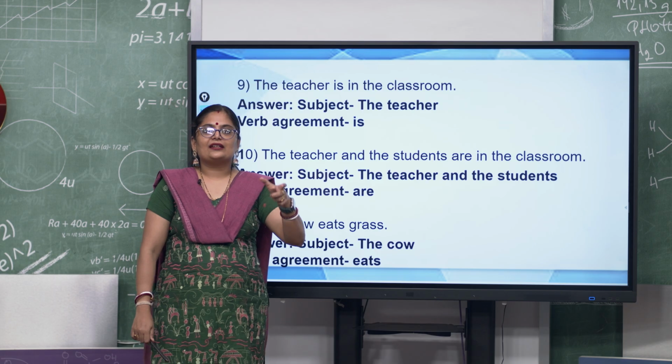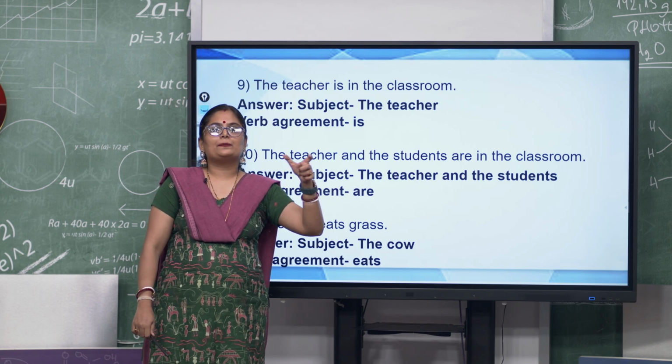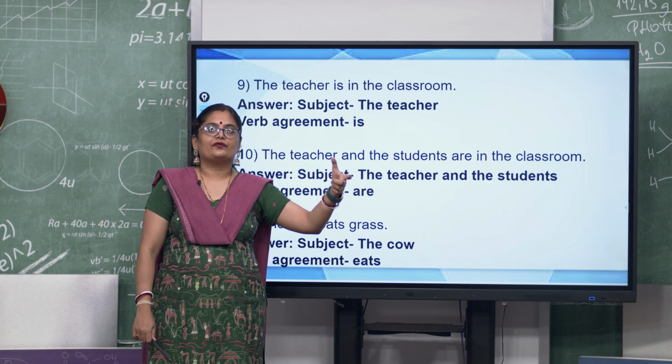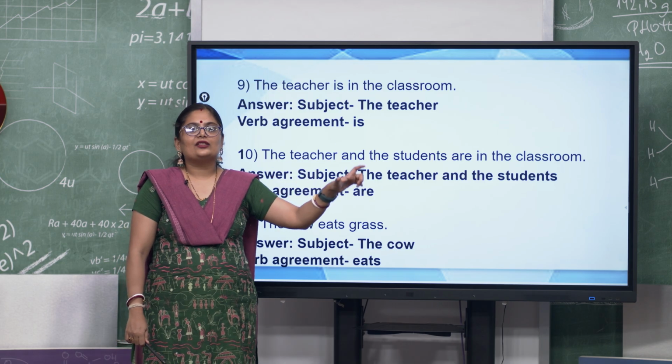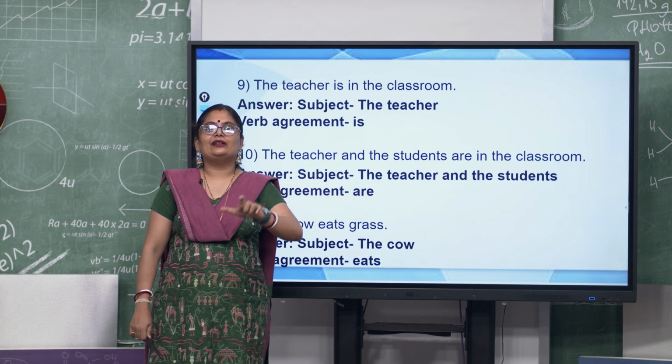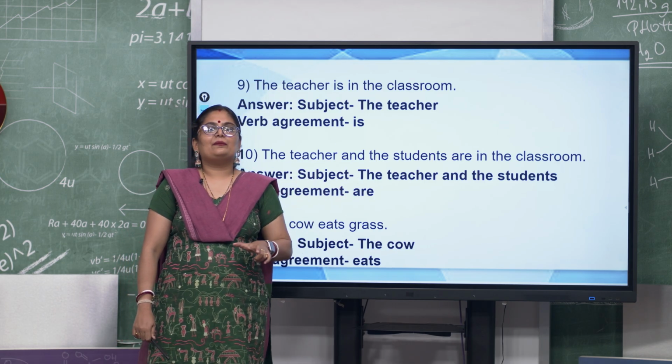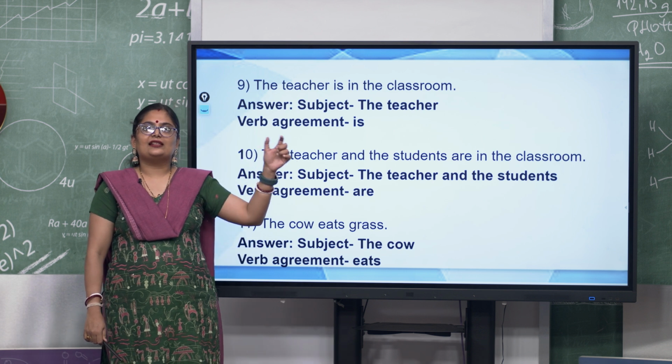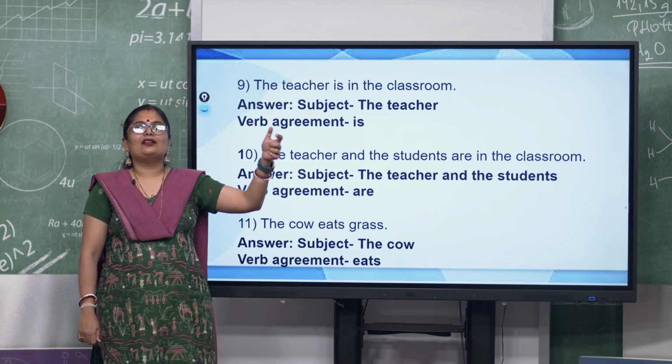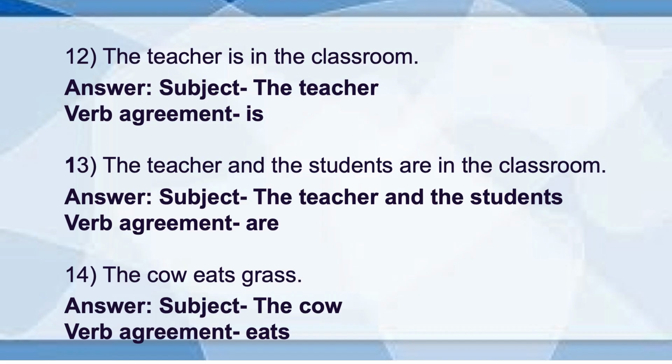And subject is somehow always placed during the beginning of the sentence. So, once you read the sentence mindfully, you will be able to point out which is the subject and which is the verb agreement. Now, coming on to the next sentence. The teacher is in the classroom.